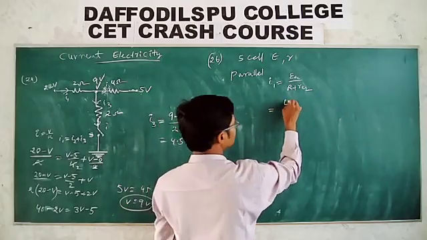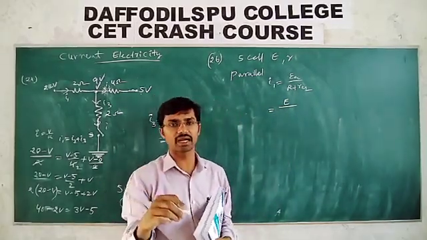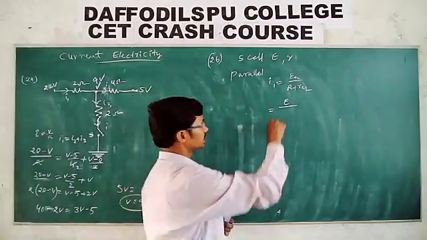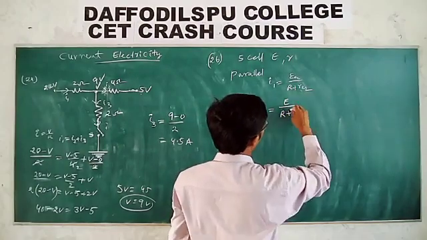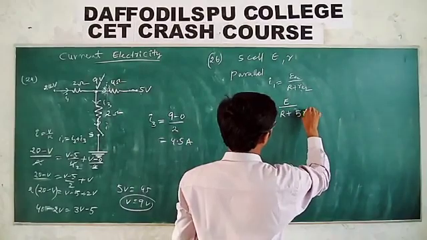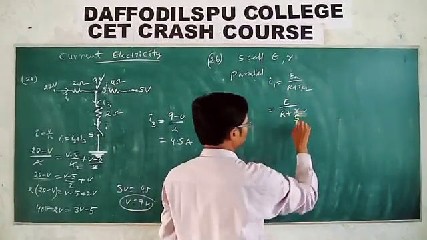When identical cells are connected in parallel, the equivalent EMF is equal to the EMF of a single cell, so E by capital R plus, what is the r equivalent? Here in parallel we have taken r by 5.